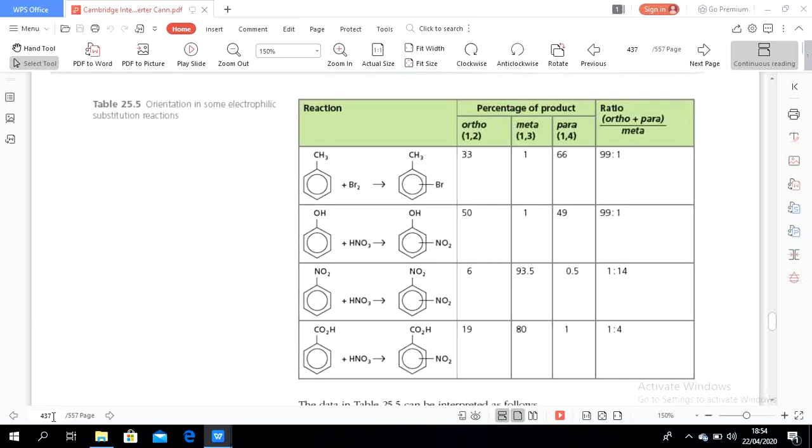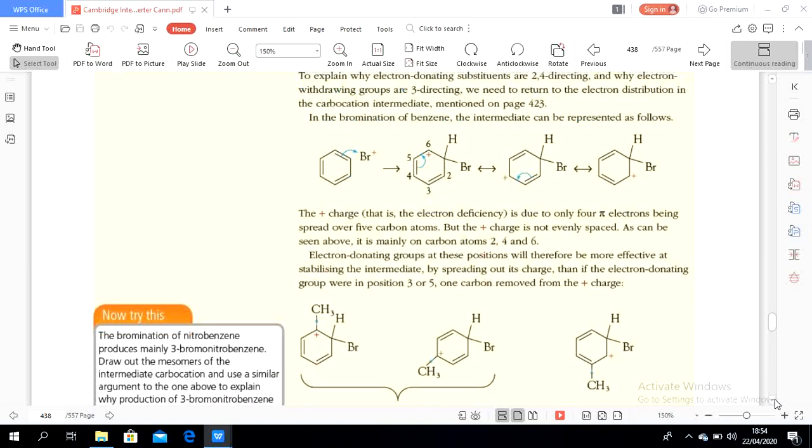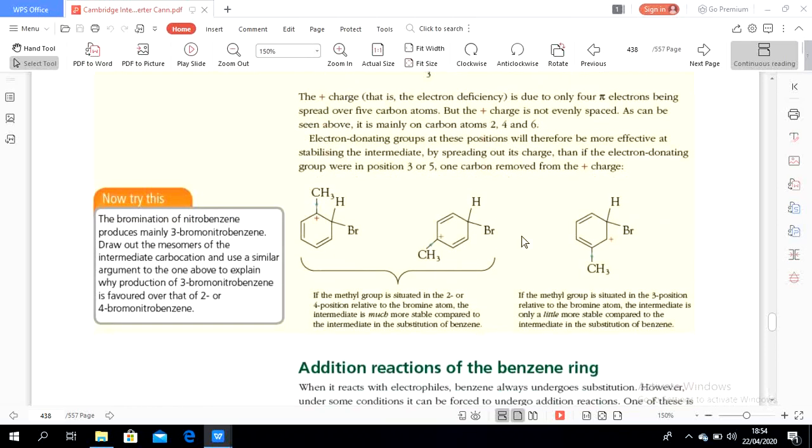Okay, let's go back to the theory. Now this one, and then this is consistent. So if there is, in here, there is position 2 and position 4. See here, position 2, this one position 4.